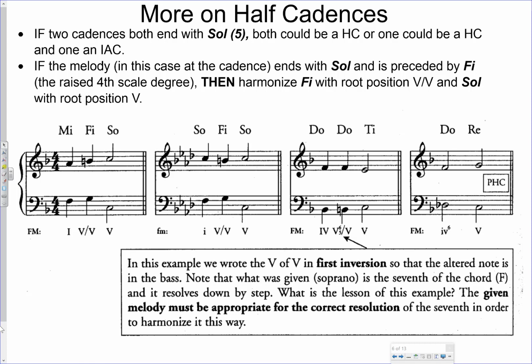If the melody, in this case at the cadence, ends with Sol and is preceded by Fi, and we know Fi to be the raised 4th scale degree, then harmonize Fi with root position 5 of 5 and Sol with root position 5. That's very wordy, but in other words, when you see Fi, you're thinking secondary dominant. When you see that, it's a 5 of 5 root position going to Sol in the bass, which is root position 5.